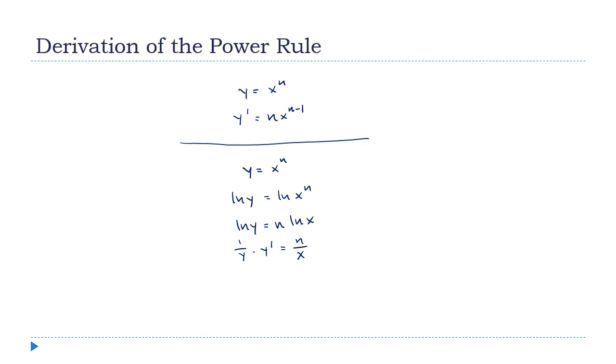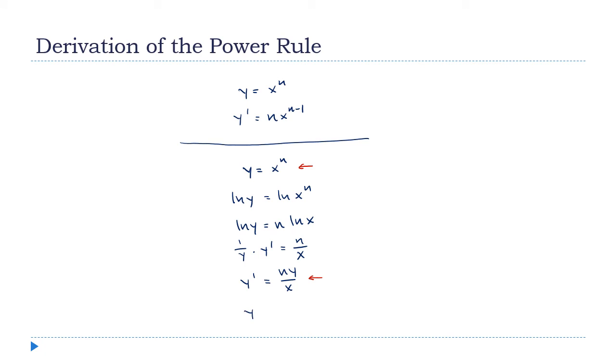Okay, good. Now remember what we've always done here: solve for y prime. Multiply both sides by y. Y prime equals ny over x. Okay, but y is just x to the n, so I'm going to substitute that x to the n down here for y.